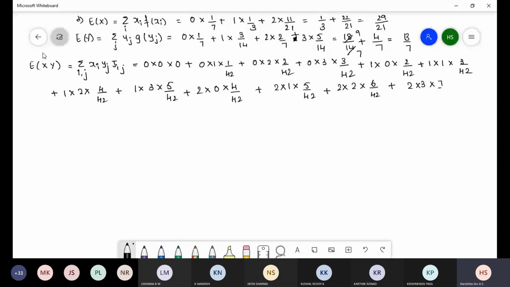Now this term will become 0, this will become 0, this also. Next three terms are, this term also will become 0.